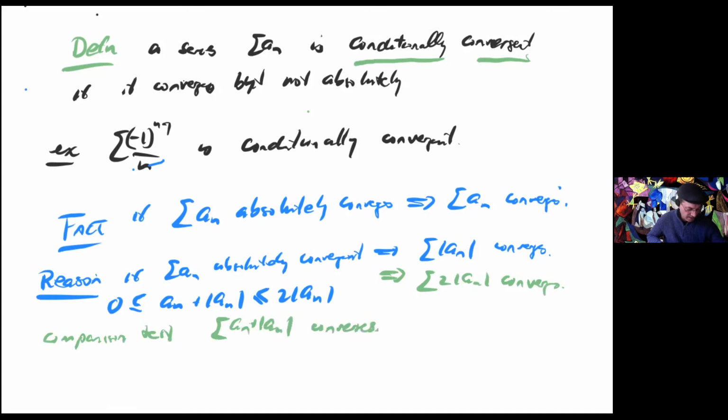And now by another property, if we have two convergent series, we can subtract one from the other to get a convergent series, and that will imply that summation of a sub n plus its absolute value minus the absolute value of a sub n converges.